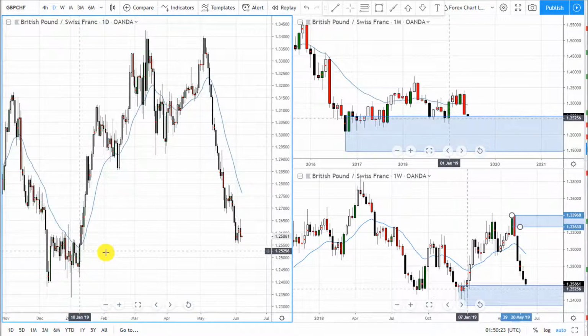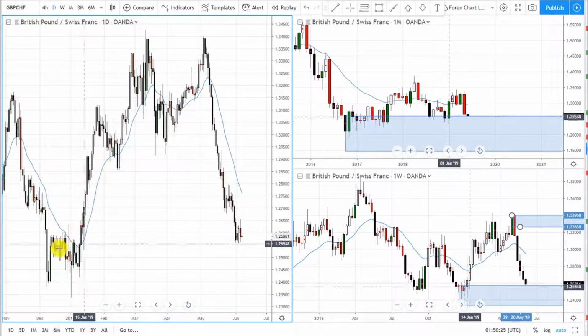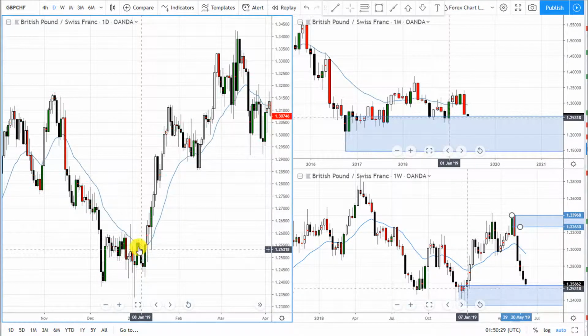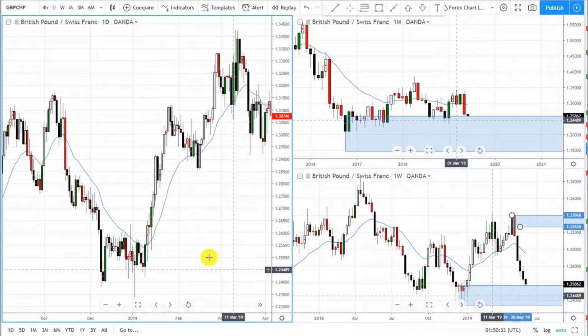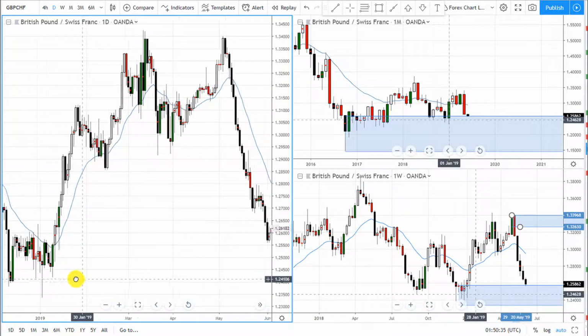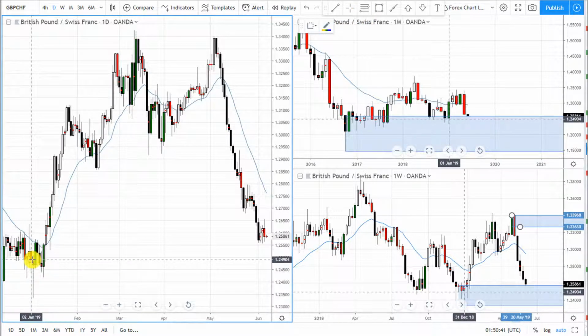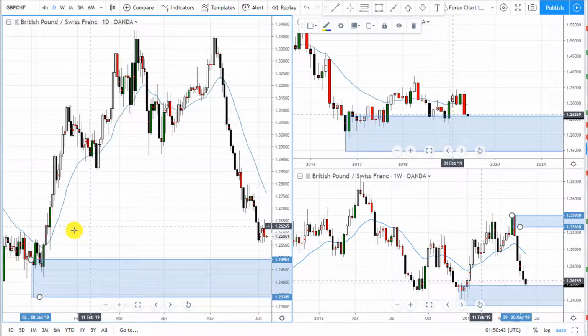And plus we have this zone, this price action here is really messy, but as you can see, it's the same area of this weekly demand zone, so we can just arbitrarily draw the price here as a demand zone.